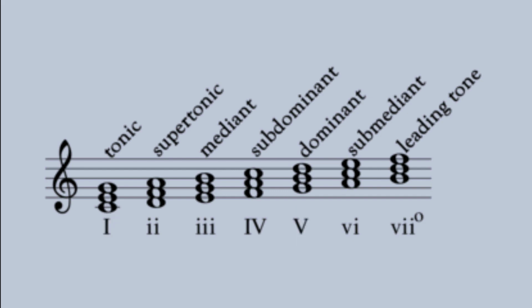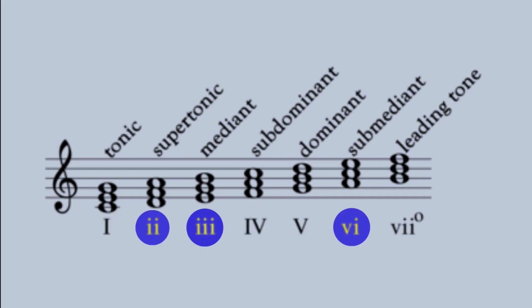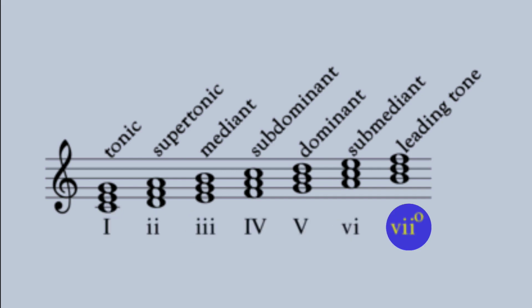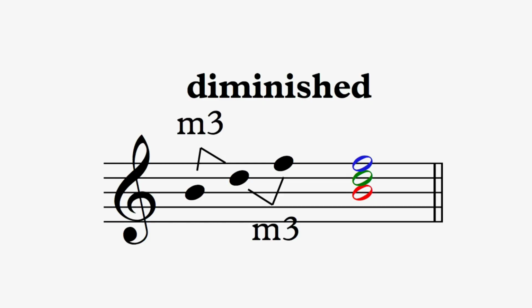But you can see that because of the way the notes of the scale are arranged, some chords will be major, some will be minor, and one built on the 7th scale degree, something we call the leading tone chord, will have a special quality we call diminished. A diminished chord is simply 2 minor thirds stacked on top of one another, and the sound is very unstable.